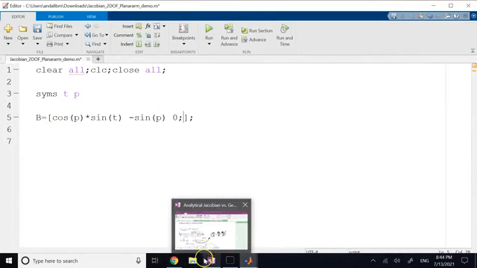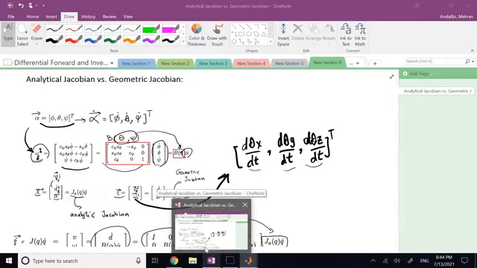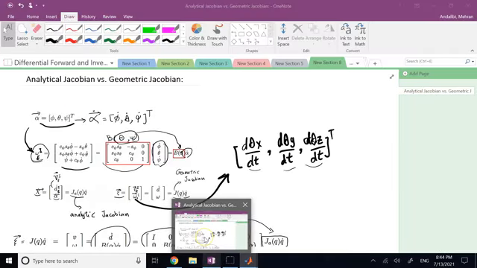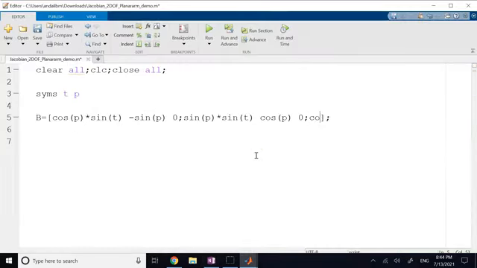The next one is sine psi sine theta, cosine of psi and 0. Cosine theta 0, 1. And then all I need is to invert B. Correct? There we go.